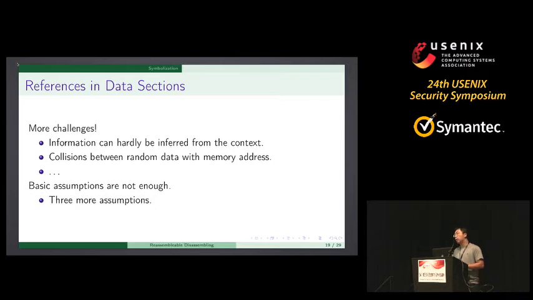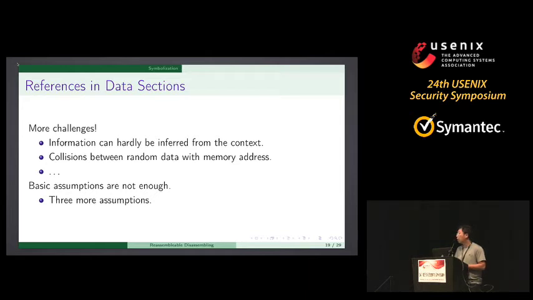The second step is to identify memory references in data sections, which is data to data and also data to code. It is more challenging here because, compared to our first task, where for certain suspicious memory addresses in the code section we can always get more information by tracing how the instructions in the context use it, here information can hardly be inferred from the context because we are essentially facing a stream of data bytes.